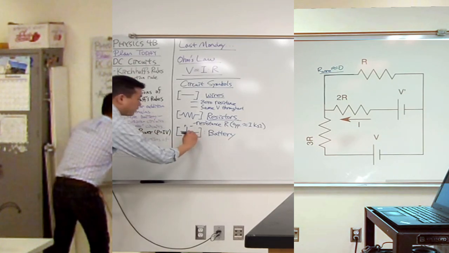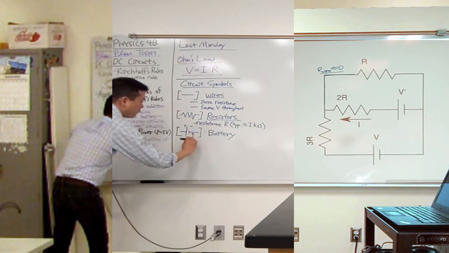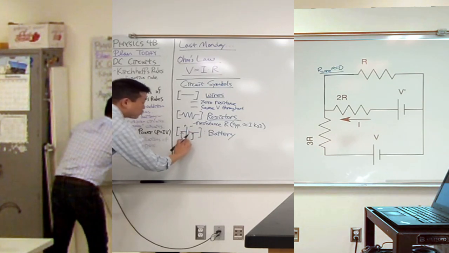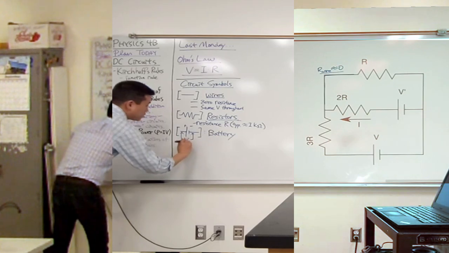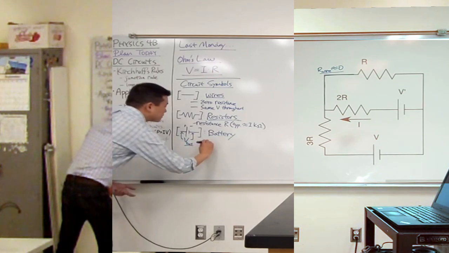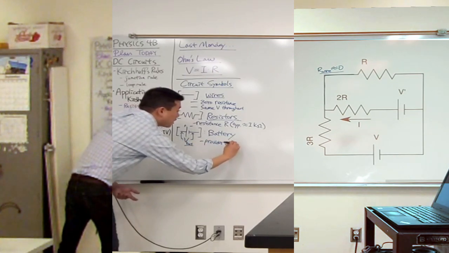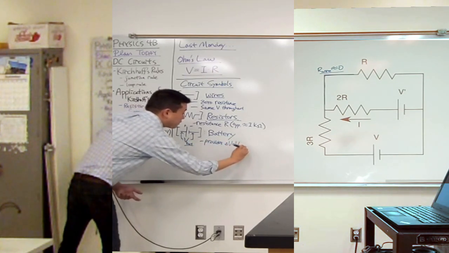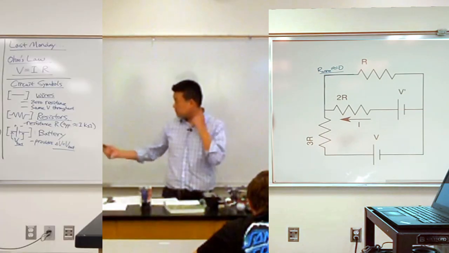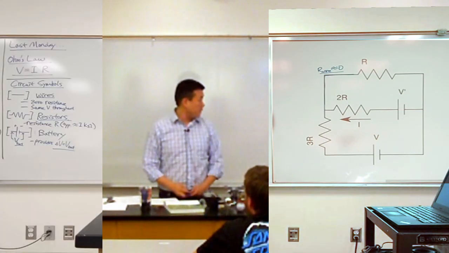So the voltage difference from the low end to the high end is supposed to be whatever voltage of the battery is given. That's the property of a battery. So that's it. Those are the circuit elements.